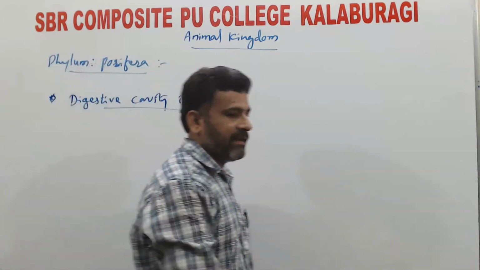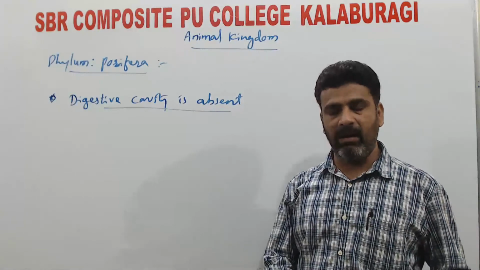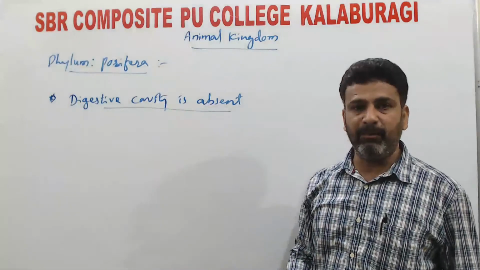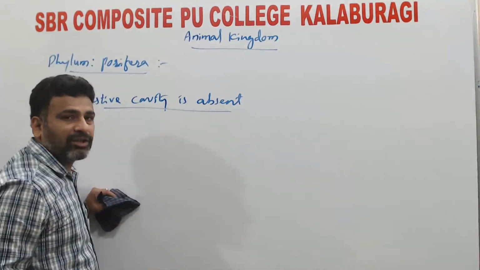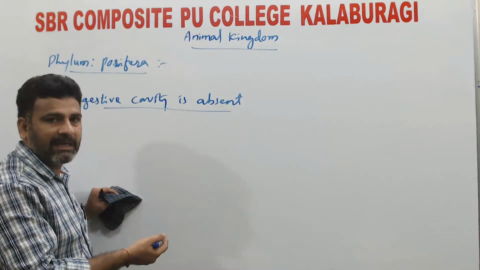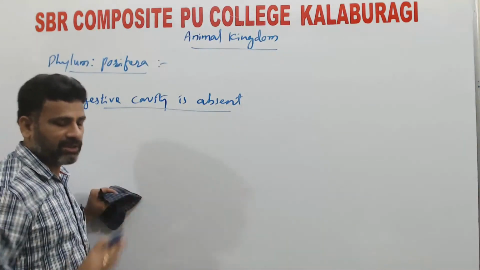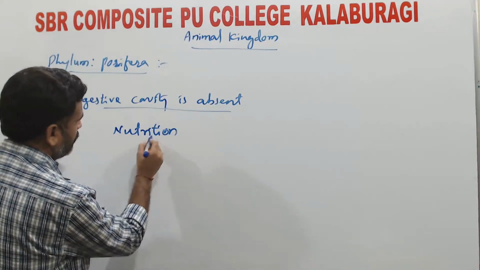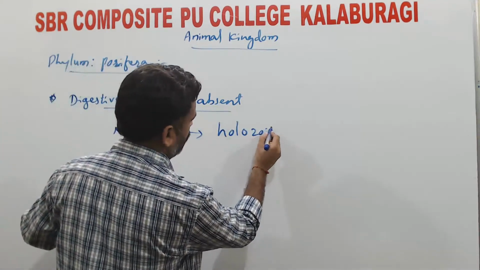The digestive cavity, that is the alimentary canal which encloses the lumen, the cavity present within the gut, is absent here in phylum Porifera. The mode of nutrition is holozoic.